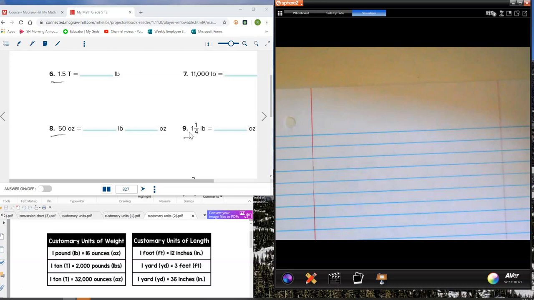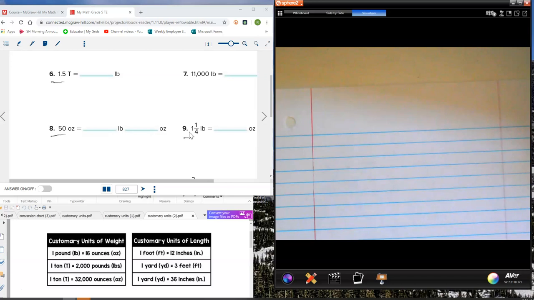I know that pounds is a larger unit of measurement than ounces. So I'm going from a bigger unit of measurement to a smaller unit of measurement. And up here, I went from a smaller to a bigger, and I divided. So when I go from a bigger to a smaller, I'm going to multiply. And that's what I'll do here.